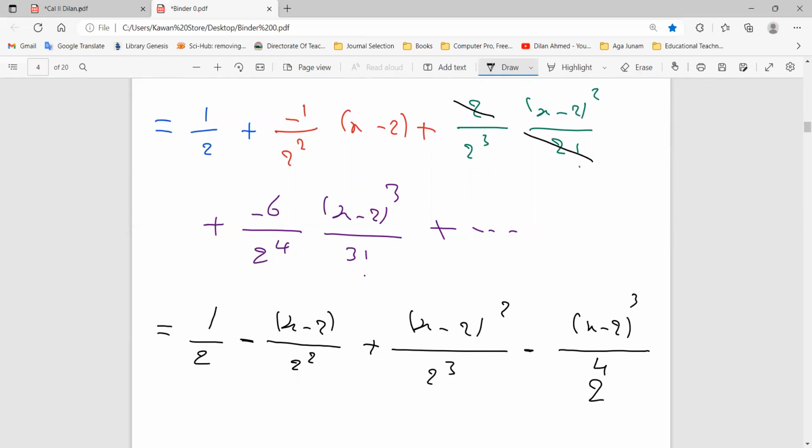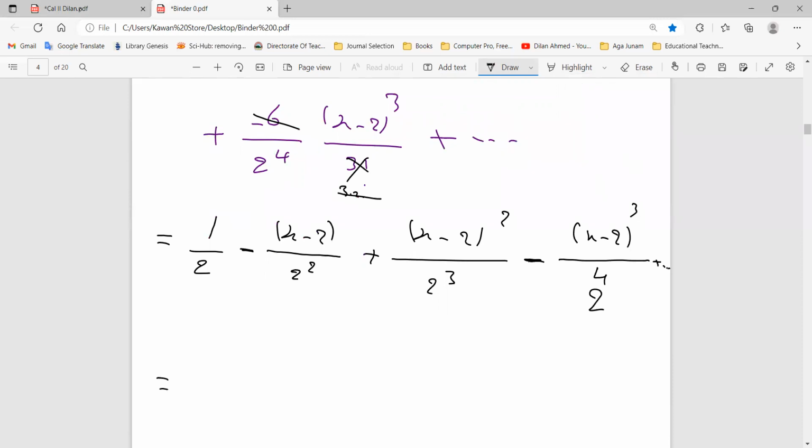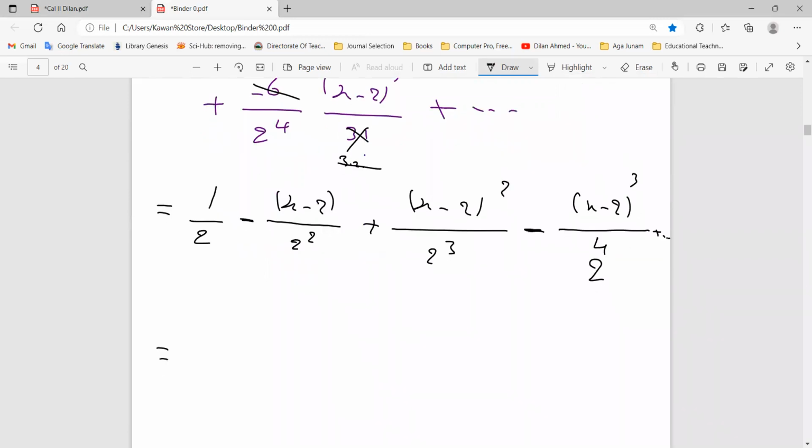Why? Because I know 3 factorial is equal to 3 times 2, which is 6, so that 6 with that 6 cancels, and it remains only minus 1 over 2 to the power 4. Now I have a formula. This one is very important. I have another formula. So I'll get what? Tell me.